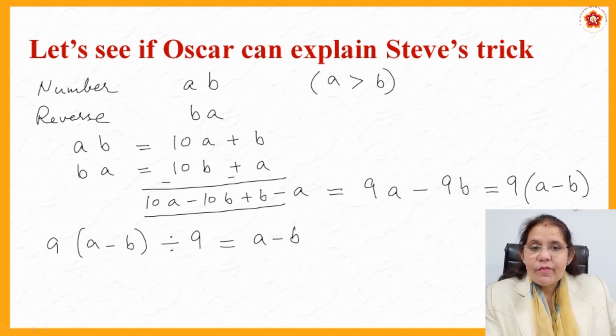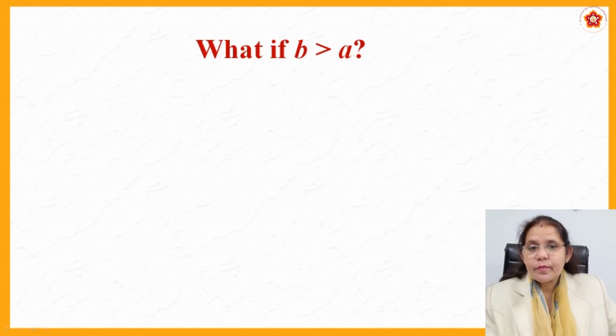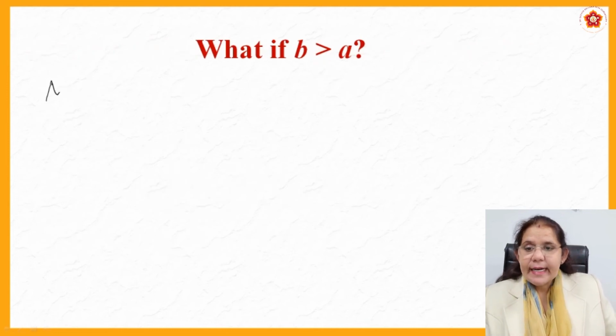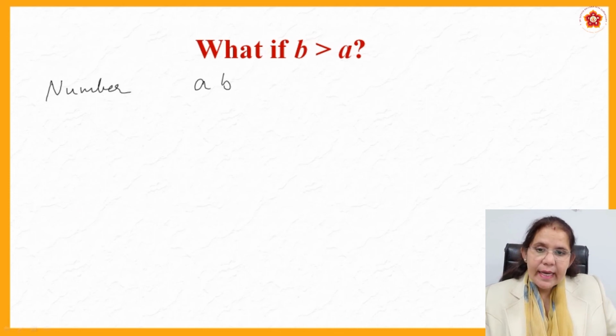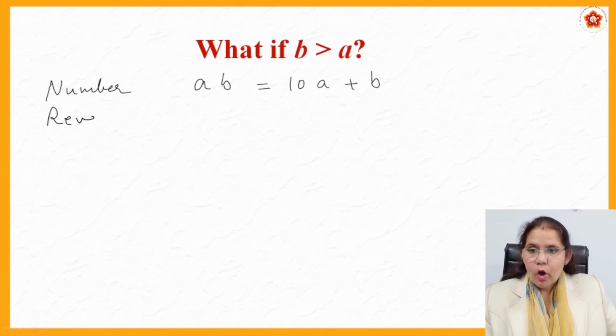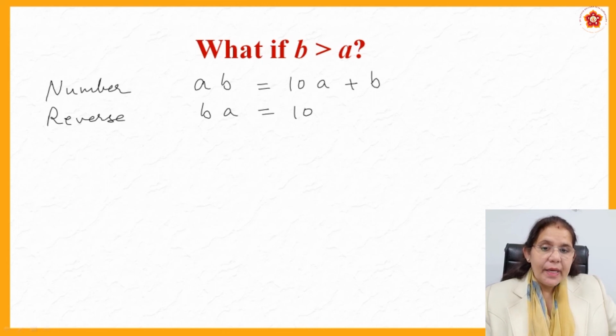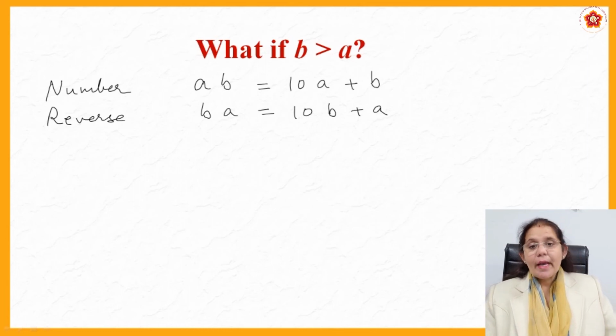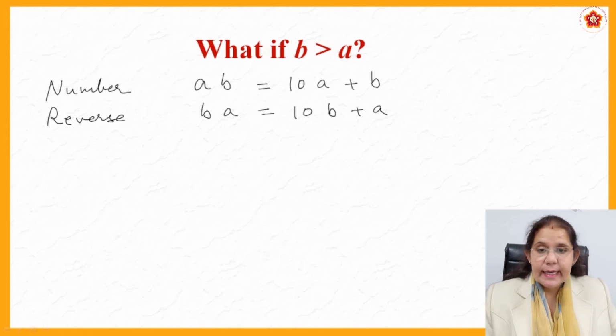Now let us see if B is greater than A, then how do we do it? So if B is greater than A, the number again we will take AB, which is written in the form 10A plus B. Reverse the digits, we get BA. BA will be written as 10B plus A. Now how do we make out whether AB is greater or BA is greater?